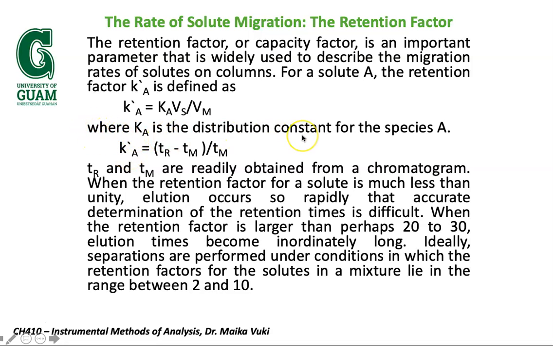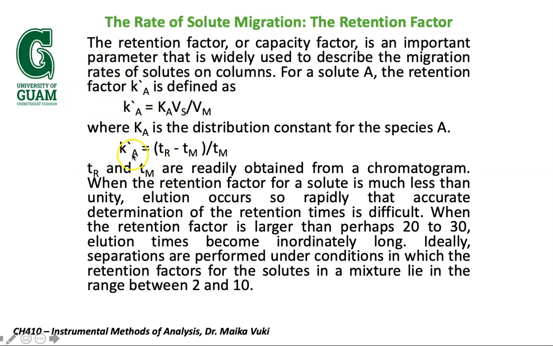So Ka is the distribution constant for the species A, and this relationship at the top can be rearranged and substituted to arrive at the retention time relationship, which is a lot more convenient when we're dealing with this measurement.